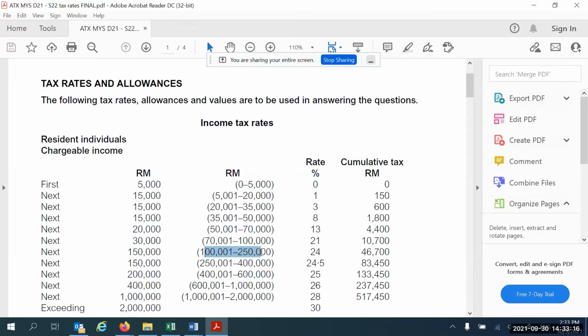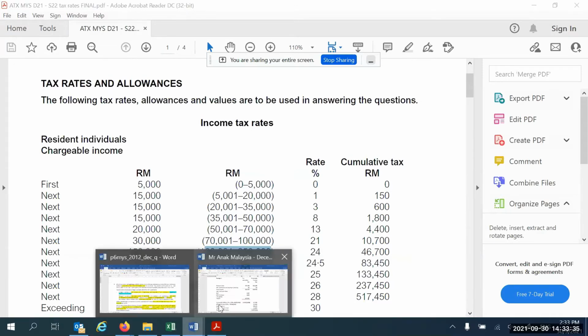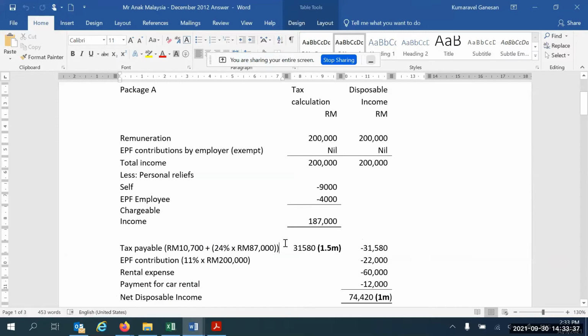Be careful, at this level some students will take 187 times 24%. You can't do that. So look at the band before, 107, the balance at 24. So you can just count it briefly. You don't need to show it properly because at this level, you should be able to count tax. So this 1.5 marks is for all, not just the tax payable. It's up to the marker to distribute.